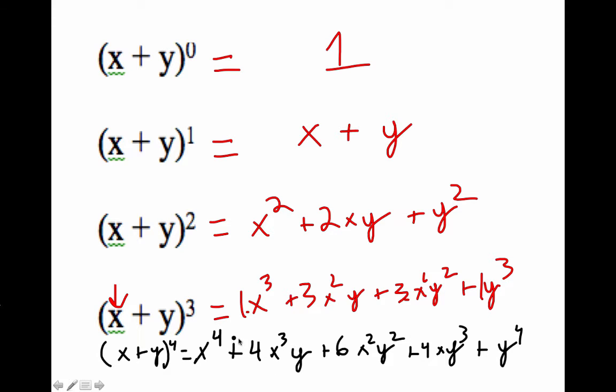So my first term goes fourth, third, second, first. My second term goes 0, 1, 2, 3, 4. My coefficients come right off of the table, 1, 4, 6, 4, 1. It's just really wonderful stuff.